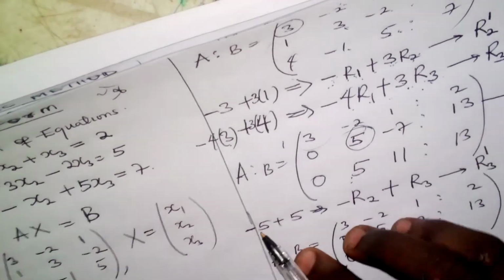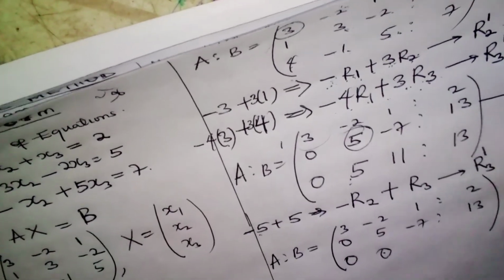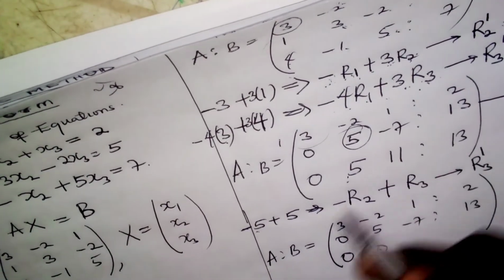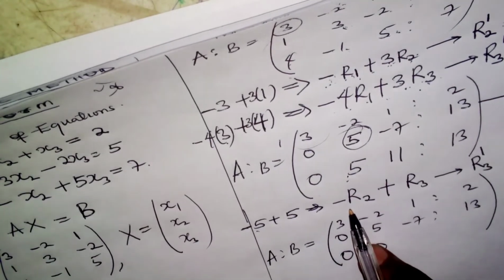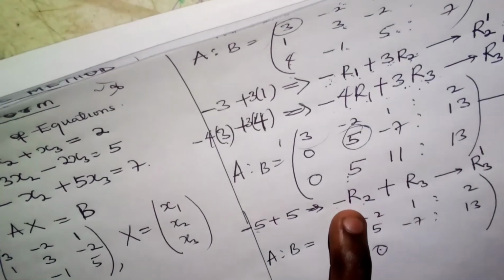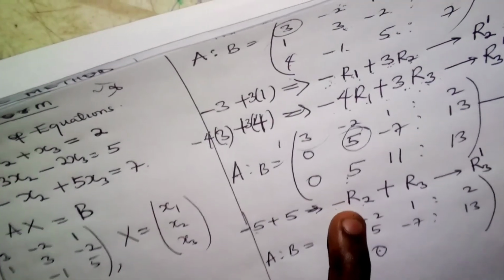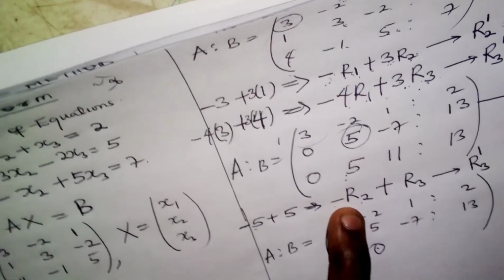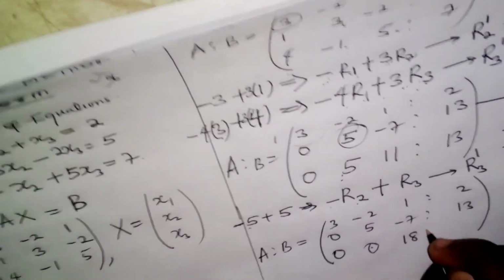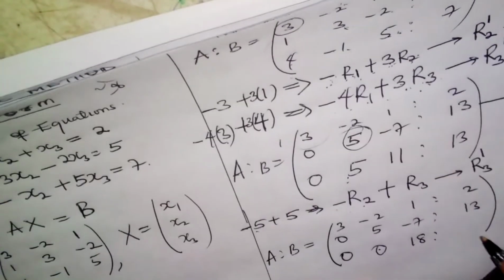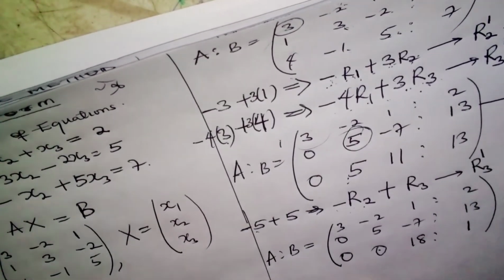Then minus 5 into minus 7 will give us 35. Sorry, this will be minus row 2 rather, and row 2 is minus 7 plus 11, which will give us 7 plus 11. At the end of the answer here is what? 18. And here is minus 13 plus this. This one is also going to give us what here? 0 at the end of the day.